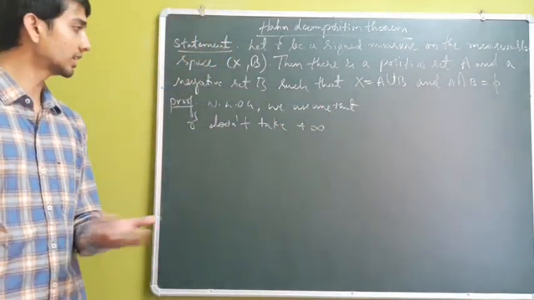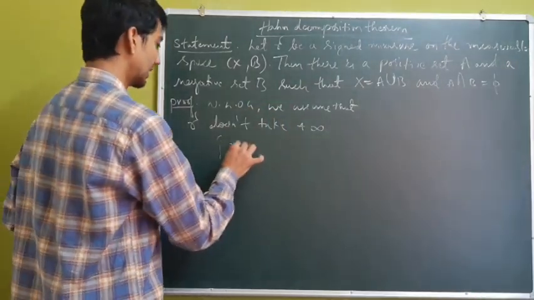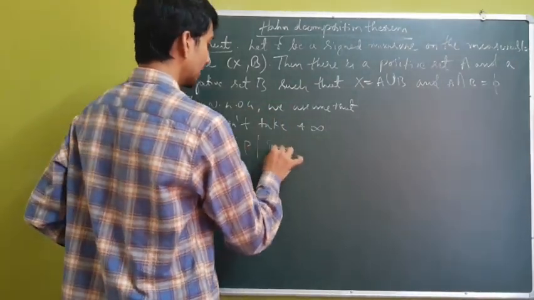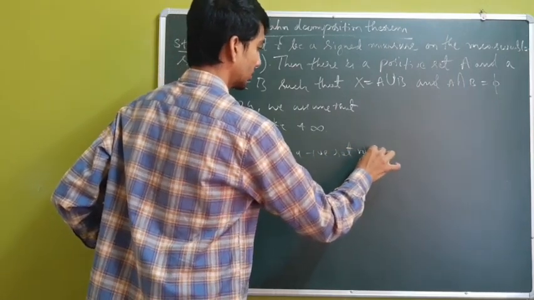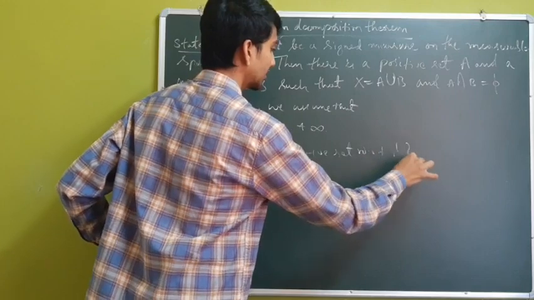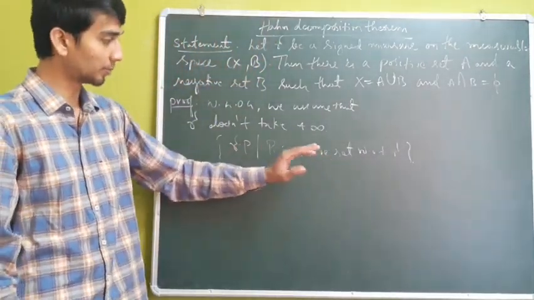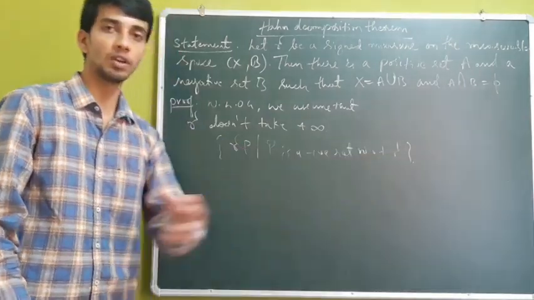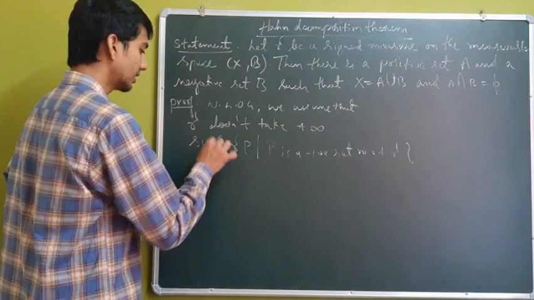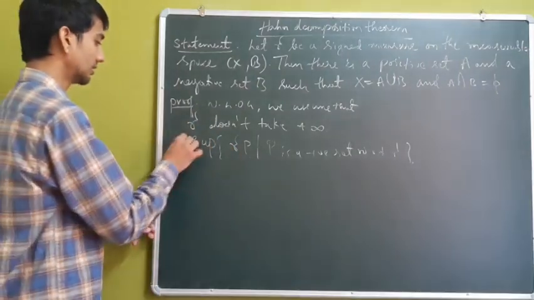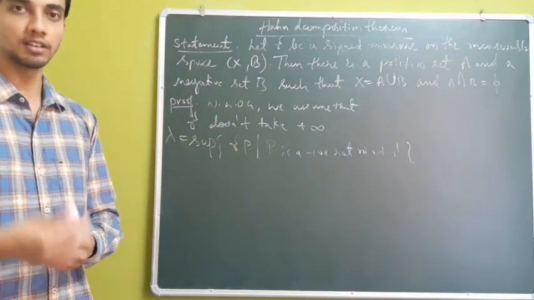Having assumed that, I will consider a set of gamma of P, where P is a positive set with respect to the sign measure. So I am considering the set of all gamma of P such that P is a positive set with respect to the sign measure. Now I will consider the supremum of that set, and I denote it by, say, lambda.